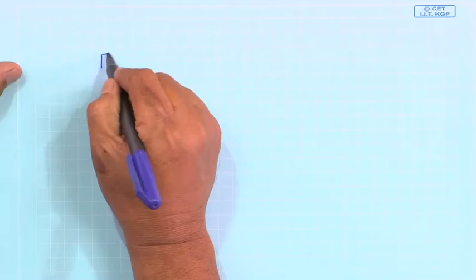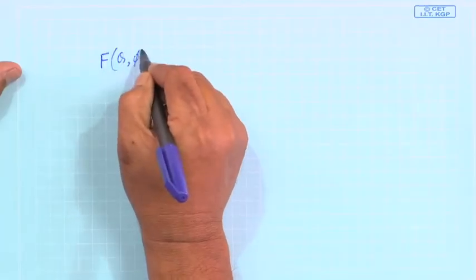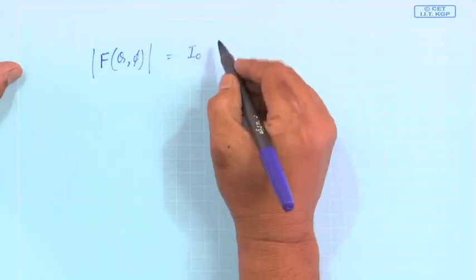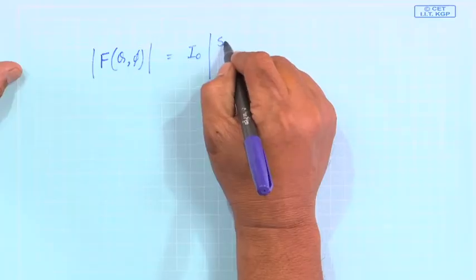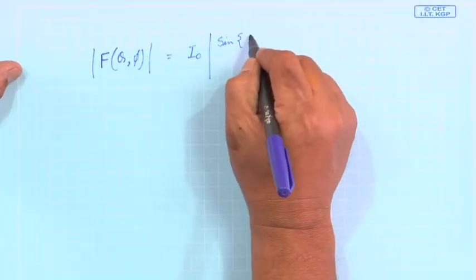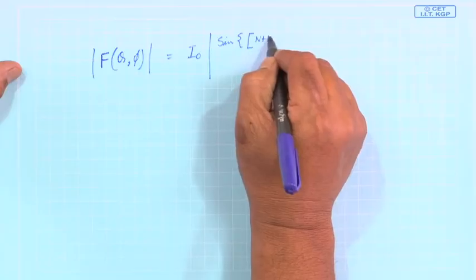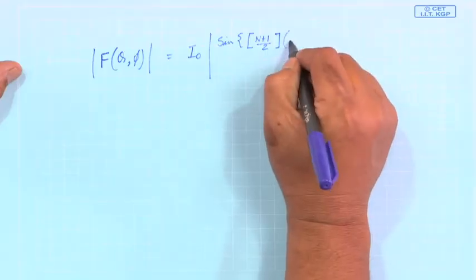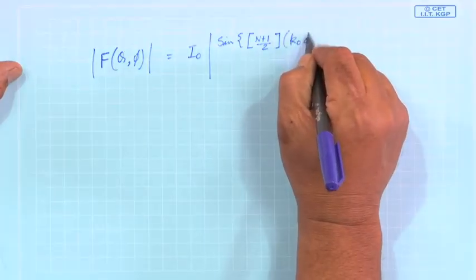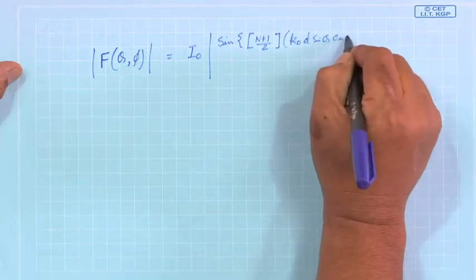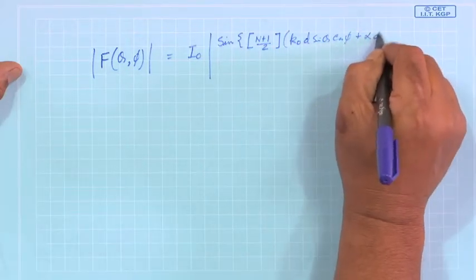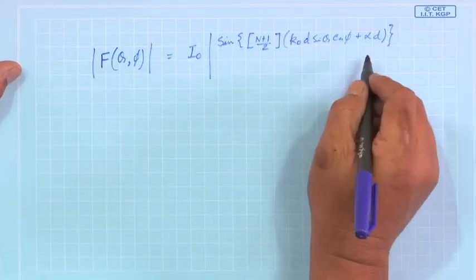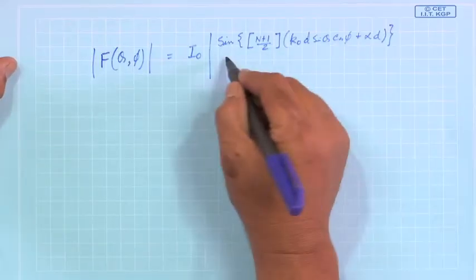So, we can write the array factor since it is two dimensional. So, we are writing explicitly the psi angle that we are expressing in terms of theta and phi.